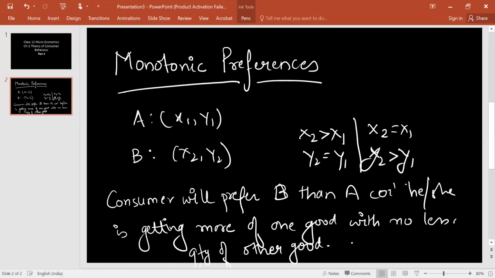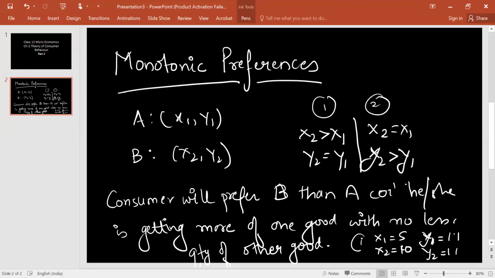Just to help you with an example, if X1 is, let's say, 5, X2 is 10, and Y1 is, let's say, 11, and Y2 is also 11. So this is the first case, and this is the second case. I'm talking about the first case, right?